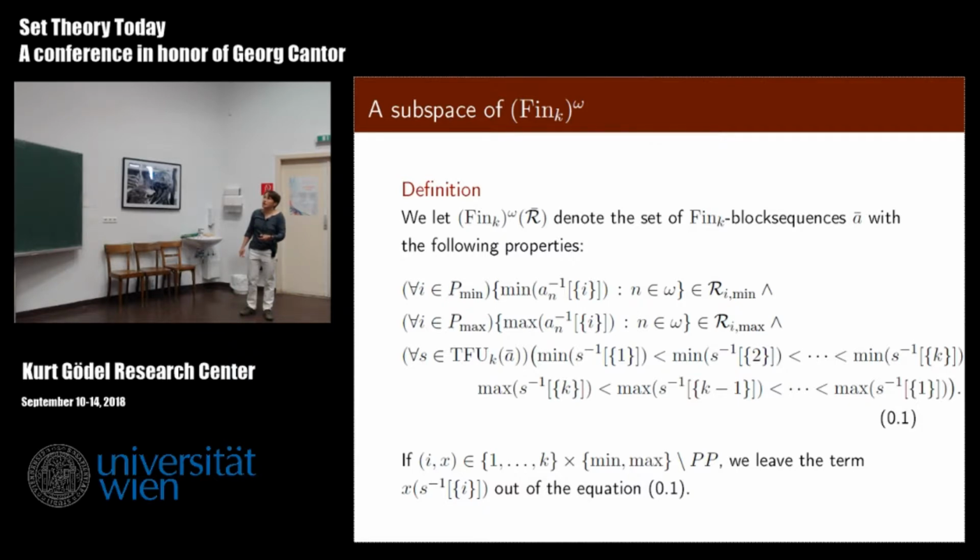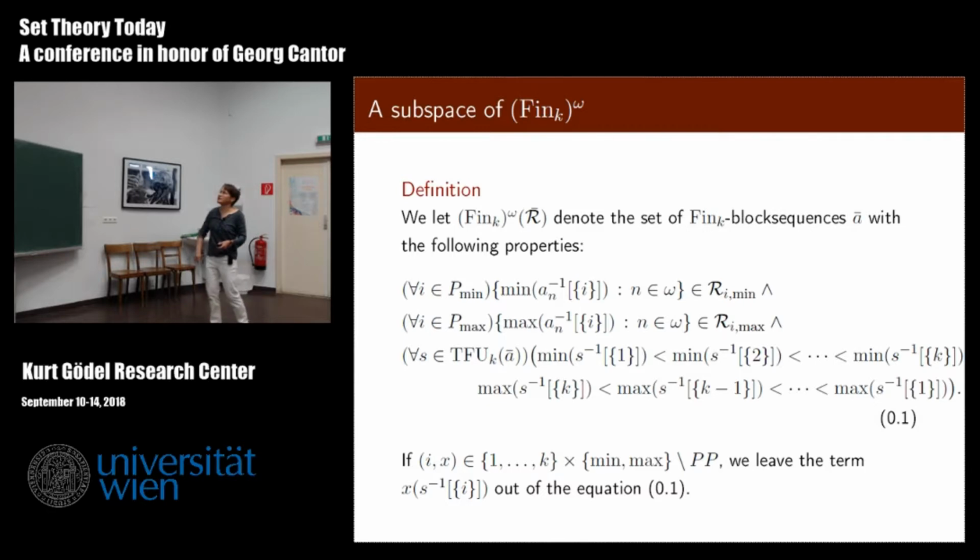And now I put, for convenience, to have my space a bit smaller, I take here only these ordered staircases. So the ones that fit to my picture here, always climbing up with no jumps and going down again. And in case some parameters are left out, then you have jumps, but otherwise not.